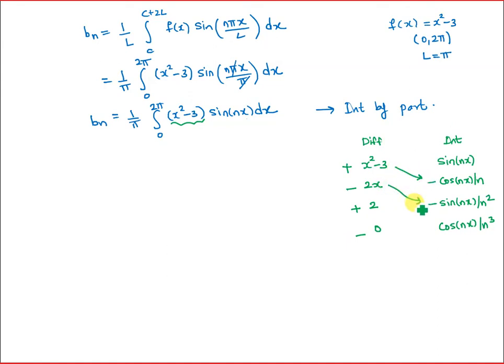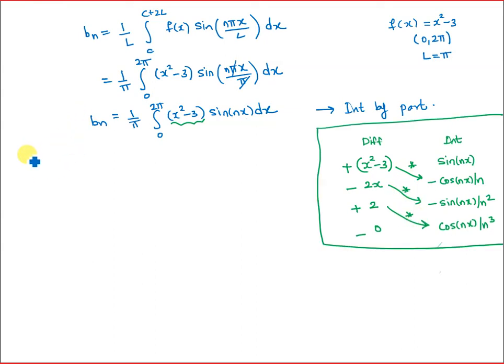Okay, so again don't miss the bracket here, and these two terms are to be multiplied. Just write down this term. Bn is 1 over pi, plus minus gives you minus (x square minus 3) cosine of nx divided by n.